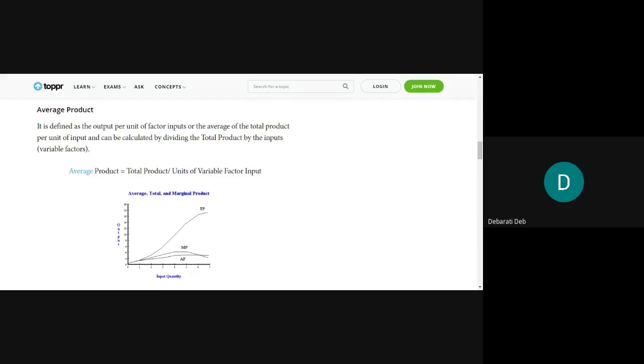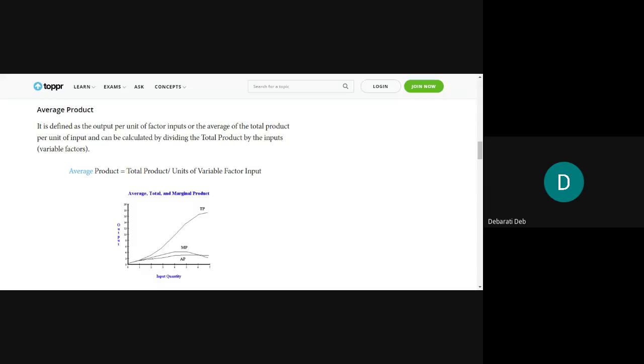Okay, remember, when you are calculating average product, you have to divide total product by the units of variable factor input, not the number of units of production. So it is defined as the output per unit of factor input, or the average of the total product per unit of input, and can be calculated by dividing the total product by the inputs of the variable factors.